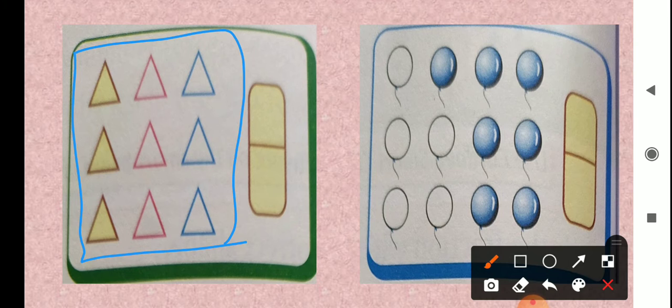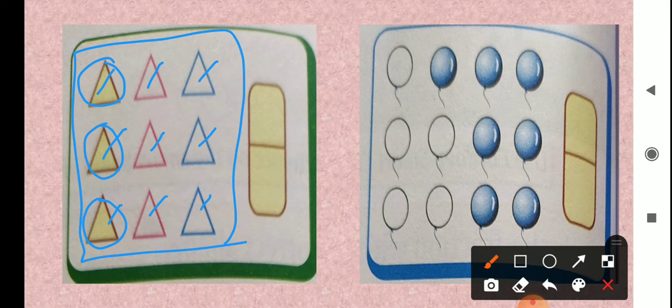So look here: 1, 2, 3, 4, 5, 6, 7, 8, 9. Total number of triangles is 9. And from that, how many triangles are shaded? Look here: 1, 2, 3.